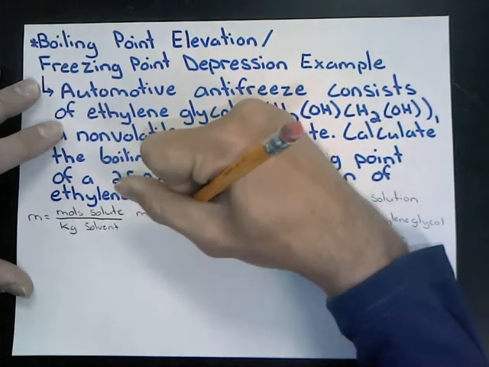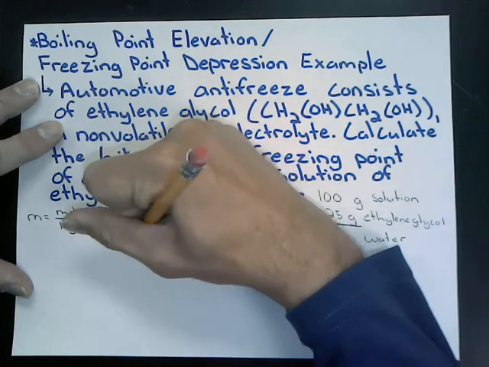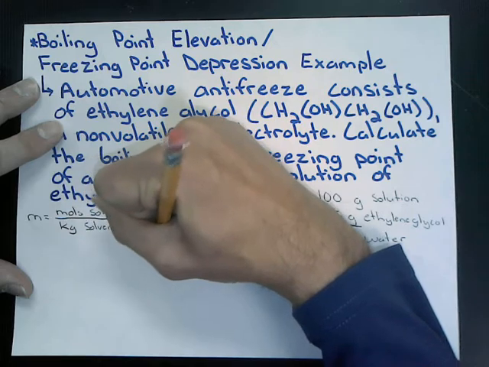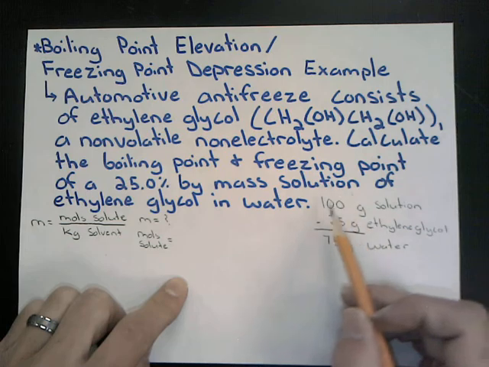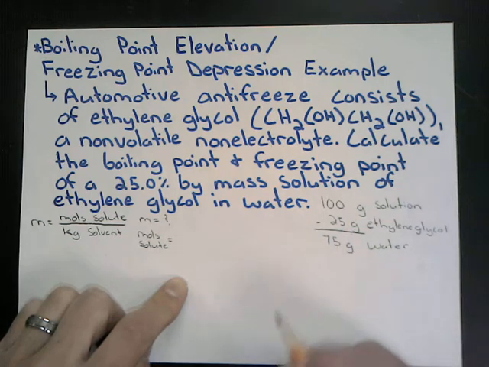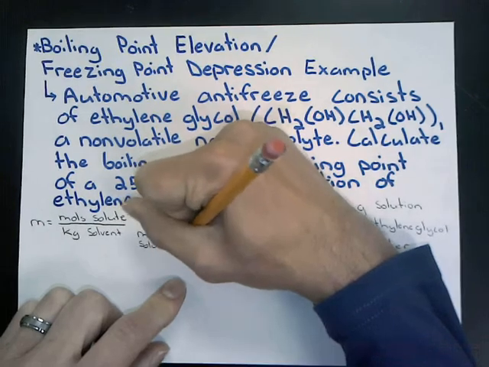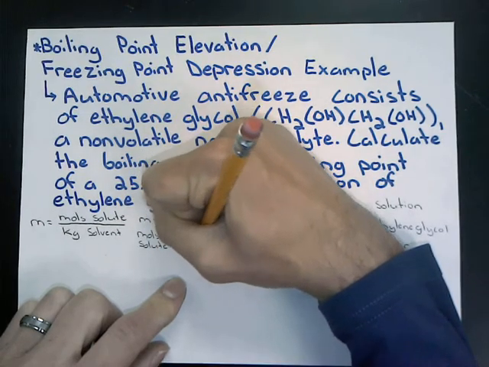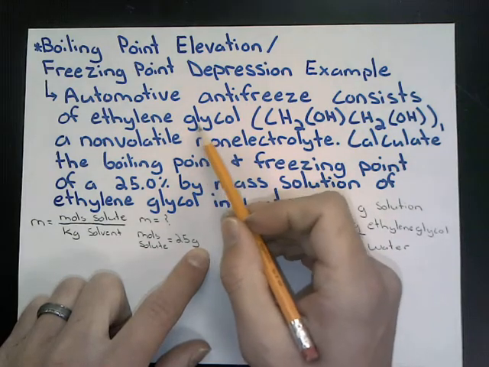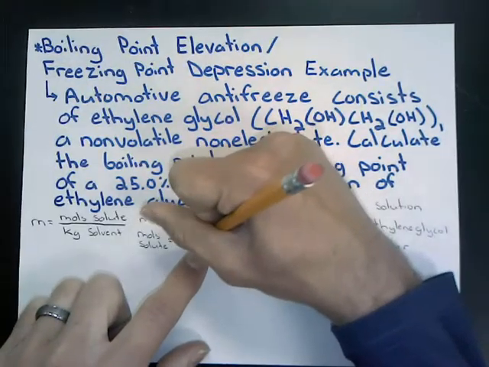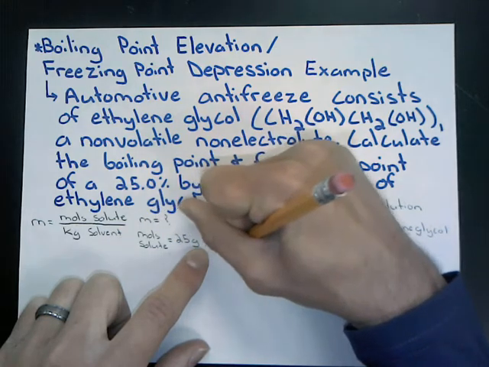Our moles of solute, we don't have that given to us, but we just went through this scenario where we have 25 grams of ethylene glycol. To help save some space, I'm just going to call ethylene glycol EG.